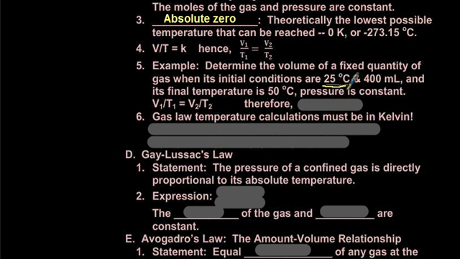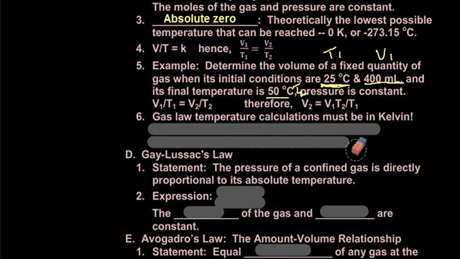We've got a given at 25 and a given at 400 milliliters, so those are T1 and V1. And we have a final temperature of 50, which is T2. Therefore, our V2 is going to equal V1 T2 over T1.